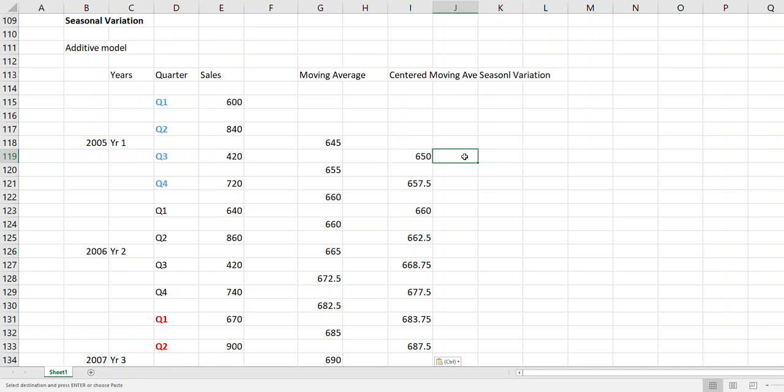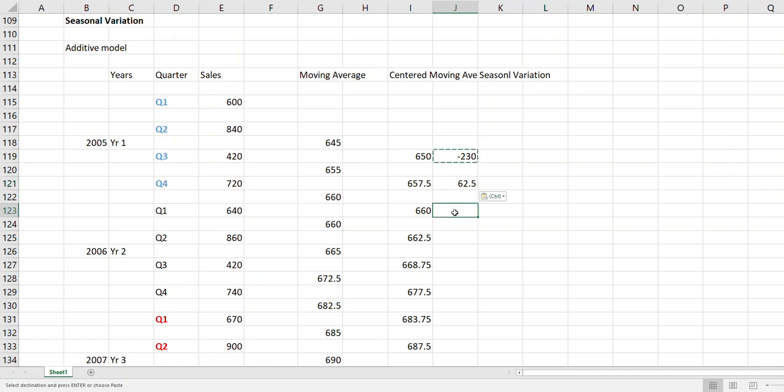If you look at the average line and the sales line, we know that there is negative 230 because it is lower. So seasonal variation in quarter 3 is negative.